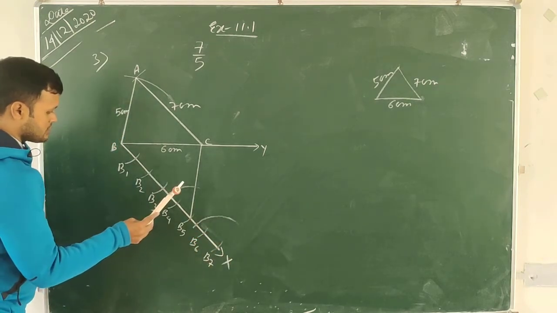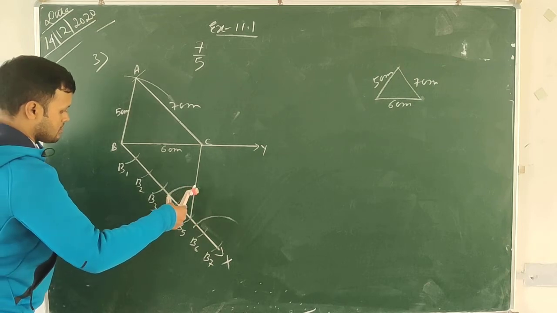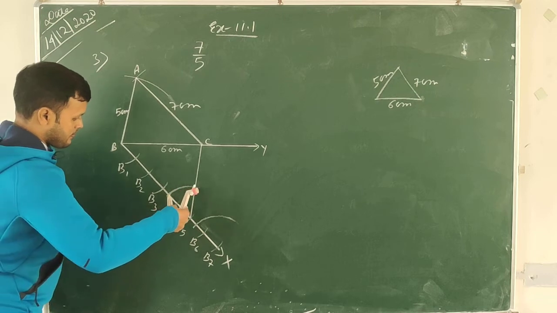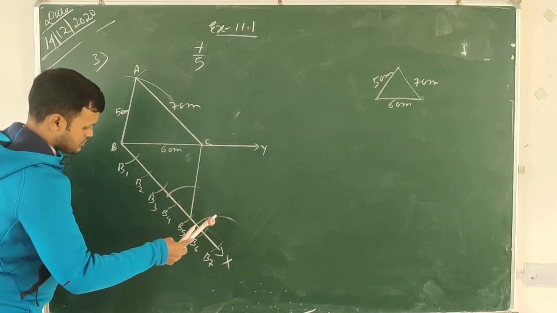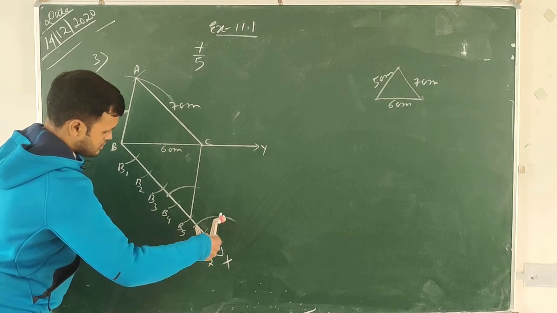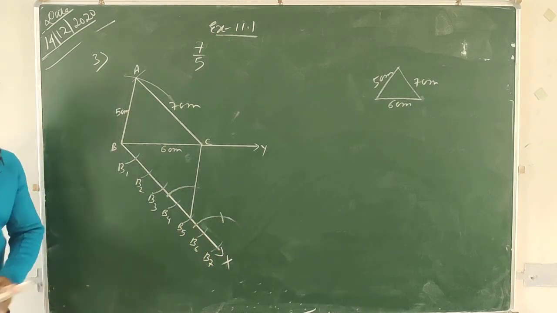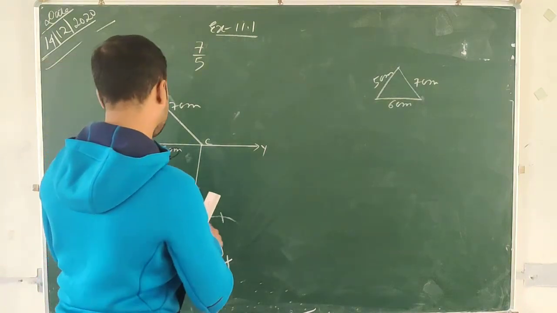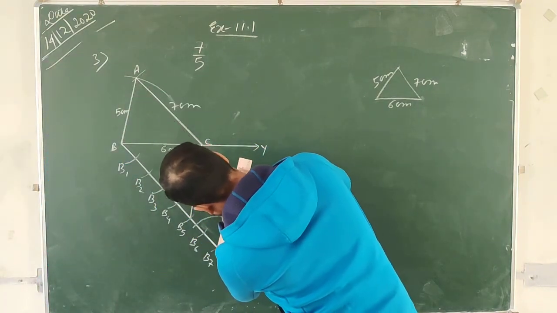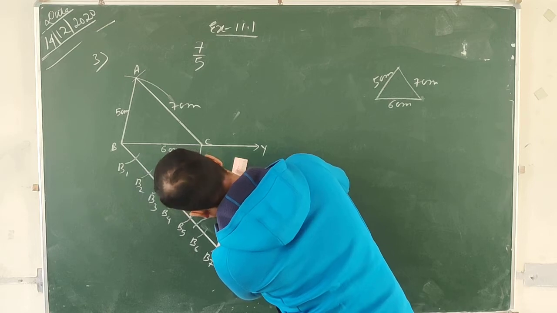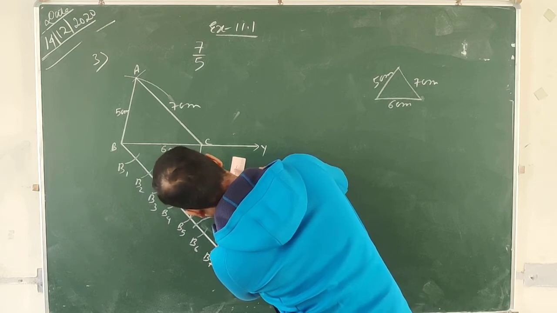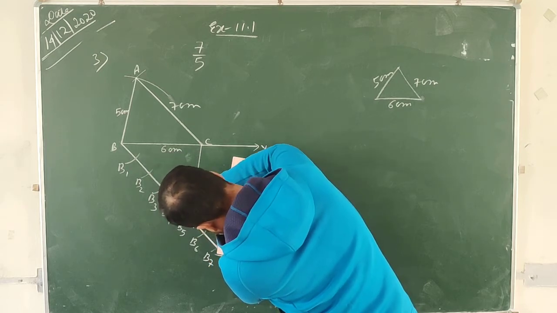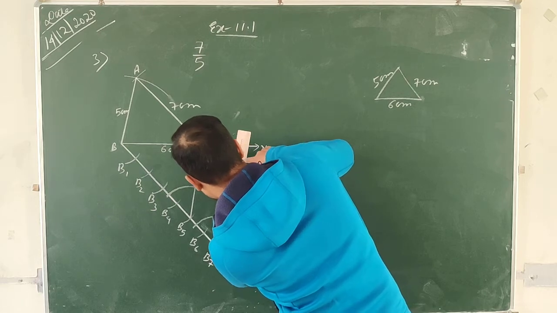Now we will take this measurement and this measurement, and from this point I just cut this out. Next, from the point B7, draw this line.